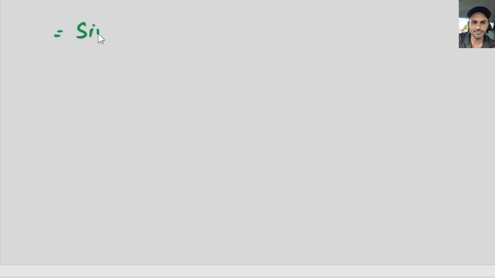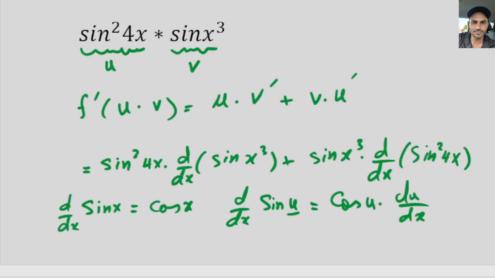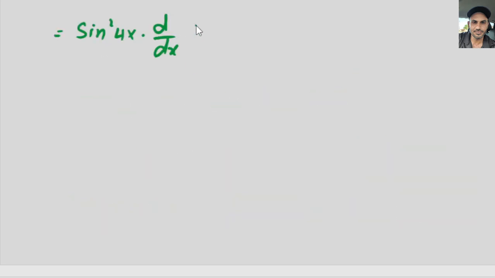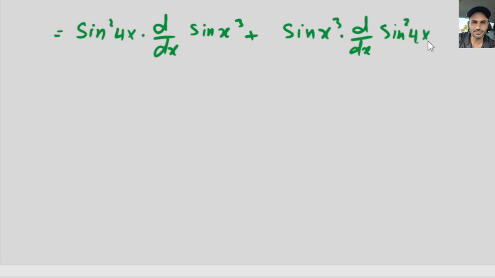So now we get sine squared 4x times d over dx of sine x cubed, plus sine x cubed times d over dx of sine squared 4x. Now let's start taking the derivative. We have sine squared 4x times the derivative of sine x cubed.